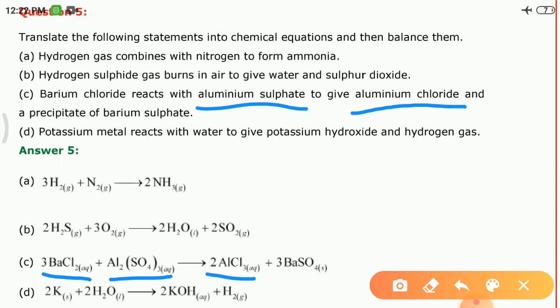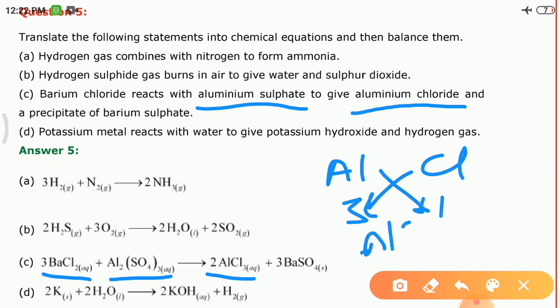Formula is AlCl3, as aluminium's valency is 3 and chloride valency is 1. Then barium sulfate, BaSO4. Now for balancing we will put 3 here and 2 and 3 here, and again we have to count the number of atoms before the reaction and after the reaction, and we will find that it is the same.